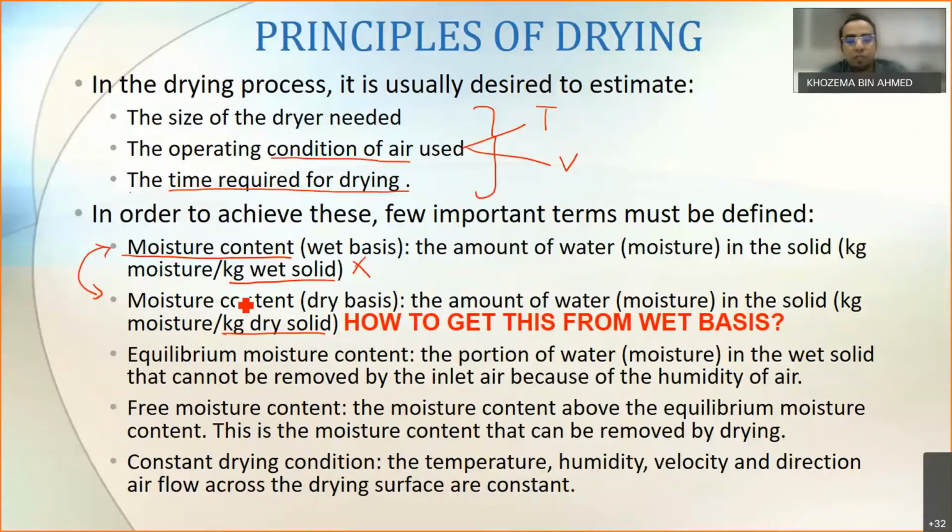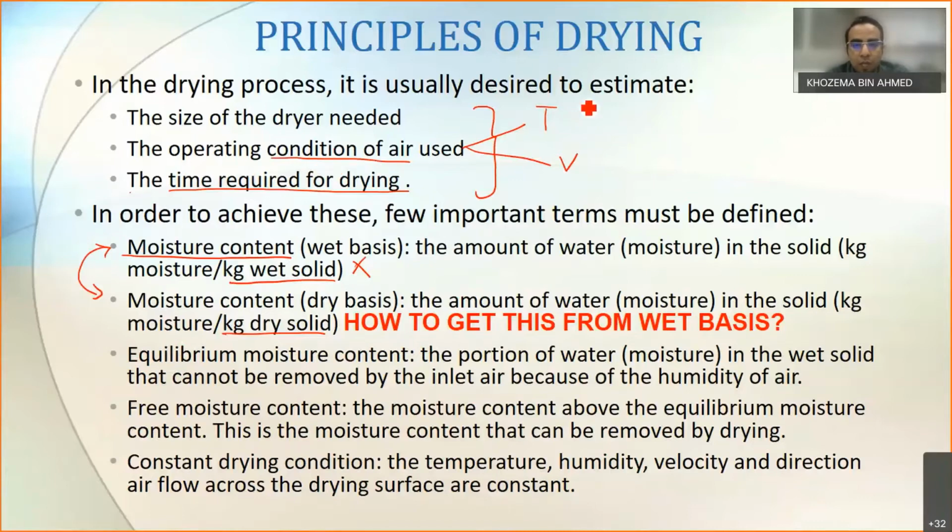The second one is known as equilibrium moisture content. So equilibrium moisture content is the portion of water vapor or moisture in the wet solid that cannot be removed by the inlet air because of the humidity of air. So meaning that when you are drying your solid, you will use air at a certain condition.